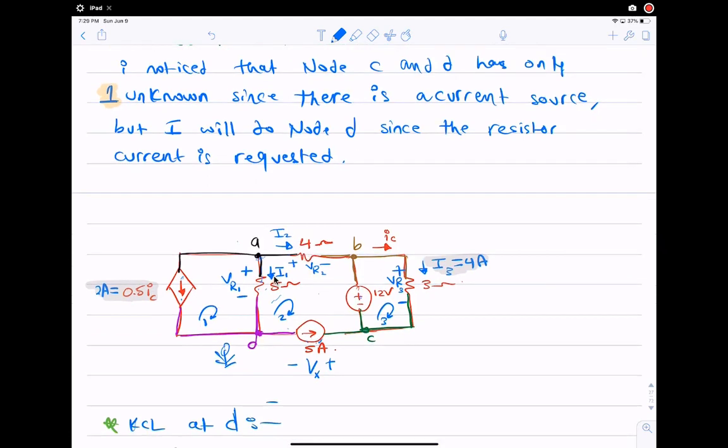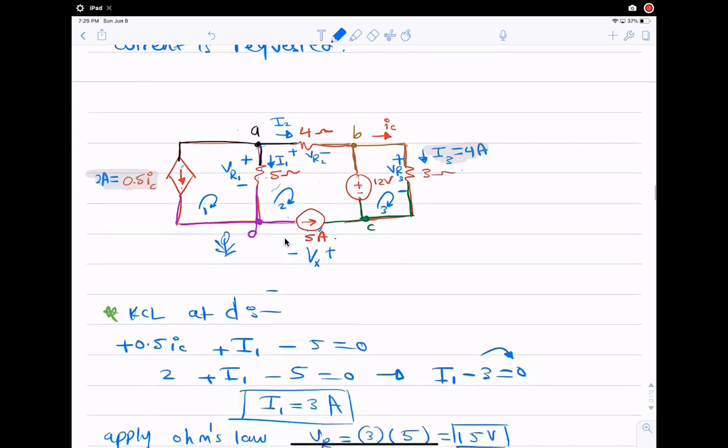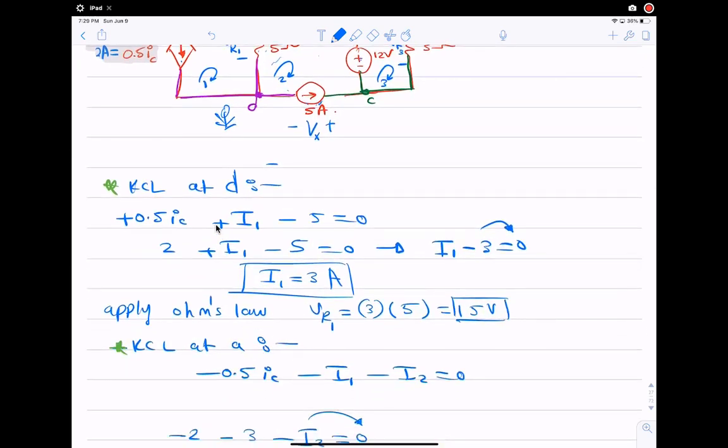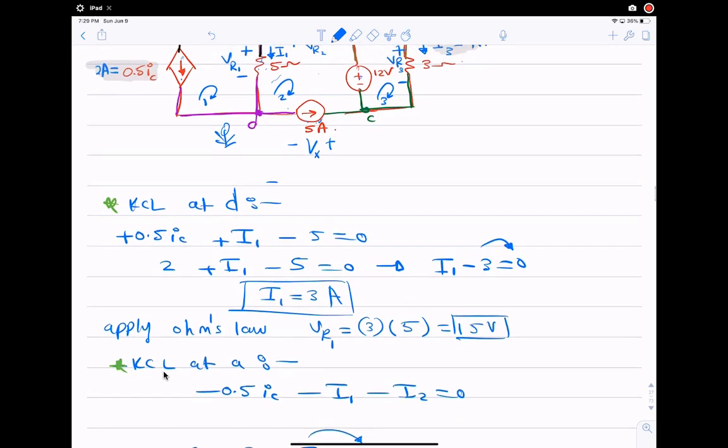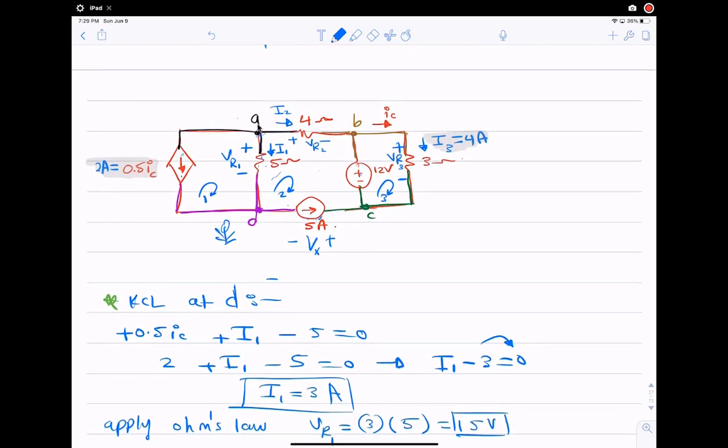Since I already found this current and I have this current, at node A I only have one unknown, which is I2. I do the same way as I did for node D. I go ahead and find a KCL there. Now I'm standing here, I see this current is leaving, so it's negative 0.5 IC. I see this current leaving, negative I1, and this current also leaving, so negative I2.